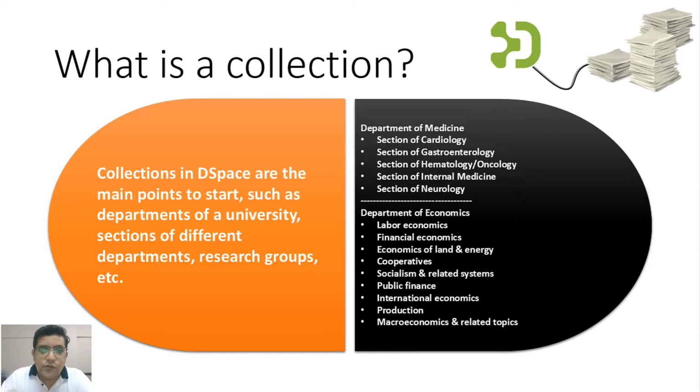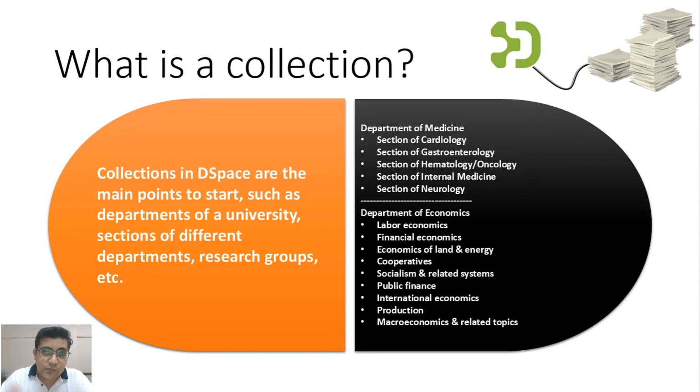And again, you have one sub-community that is Department of Economics. That's just an example. So the collection groups would be labor economics, financial economics, economics of land and energy, cooperatives, socialism, public finance, international economics, production, macro and microeconomics, and so on.